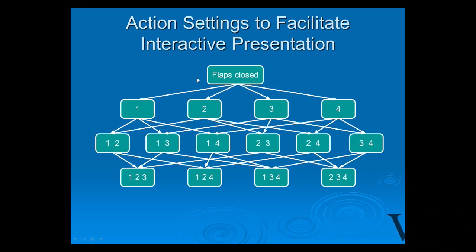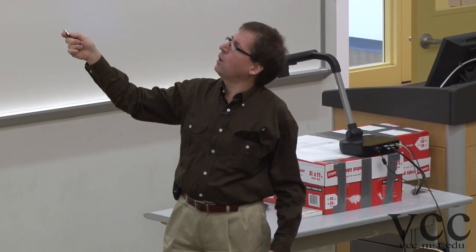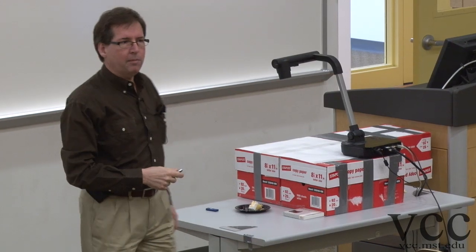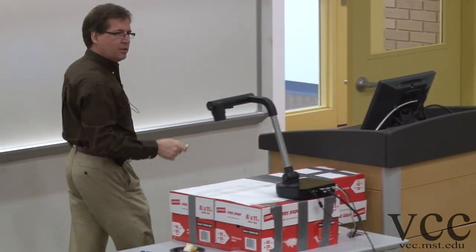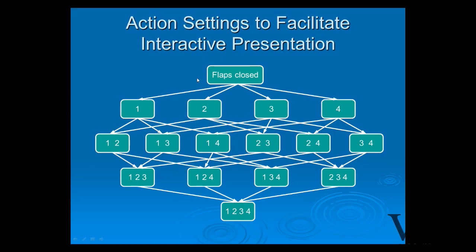It's not exponentially growing, because after 2 are open, the choices are limited. And actually, the last slide where we open all of them is only 1 slide. All flaps are open. So this full interactive thing we can do with 16 slides and 32 action settings.